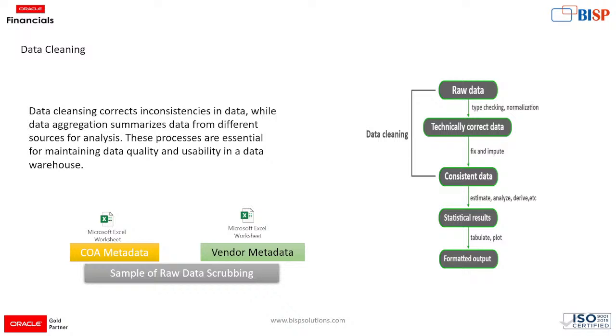For example, suppose you have a financial data warehouse. In that case, data cleansing may include eliminating duplicate vendor or customer records, filling in a missing value of a key indicator, and fixing data entry errors to guarantee accurate vendor or customer information.